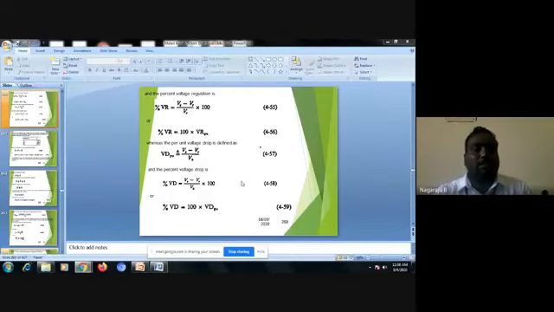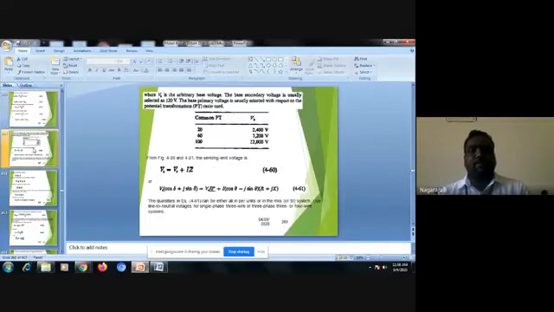So when I go further in detail, why am I going for that? VB is an arbitrary base voltage. The base secondary voltage is usually selected as 120 volts. The base primary voltage is usually selected with respect to the primary potential transformer. This arbitrary base voltage depends on the potential transformer ratio.